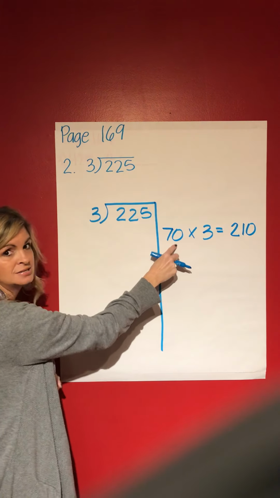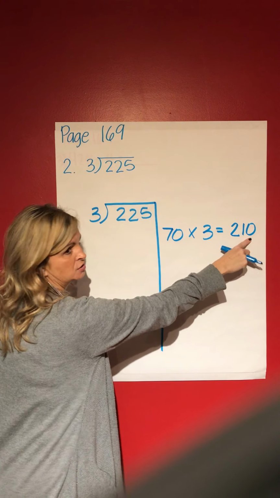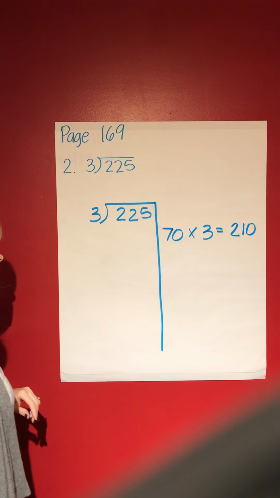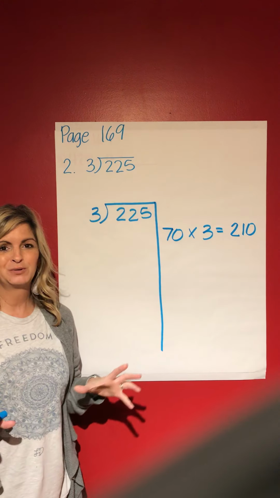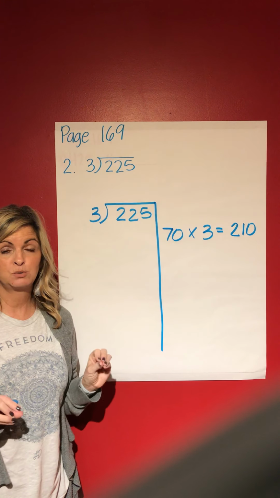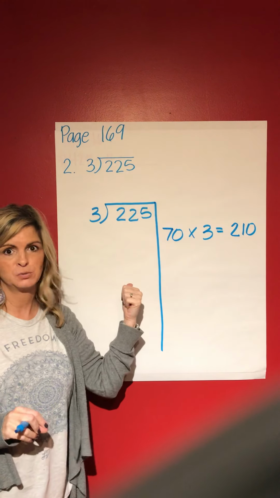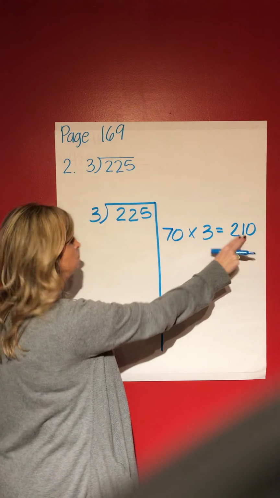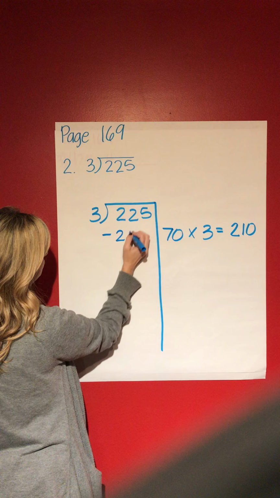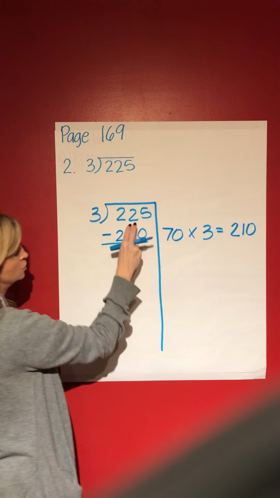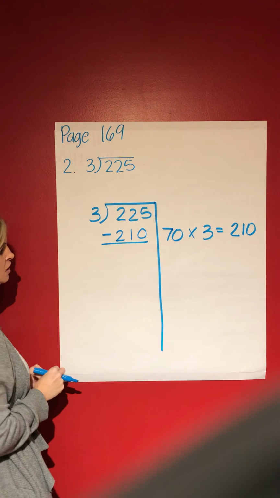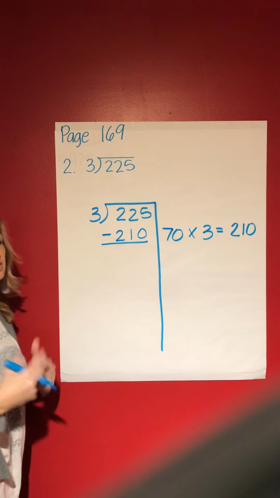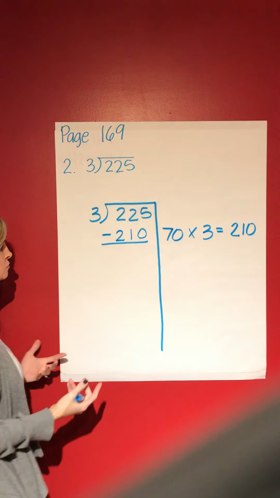Because when we add that 10, we can add a 0 here also, okay? So all that stuff that when we were multiplying by 10s and you weren't sure why we were doing that, this is why. Okay, so I'm going to take this 210 and I'm going to subtract it from my original dividend, 225.